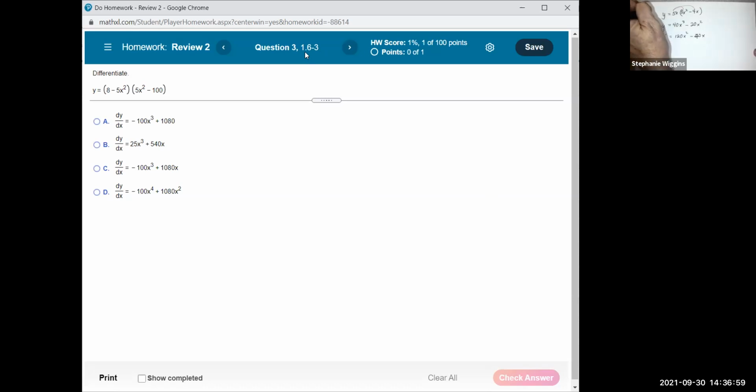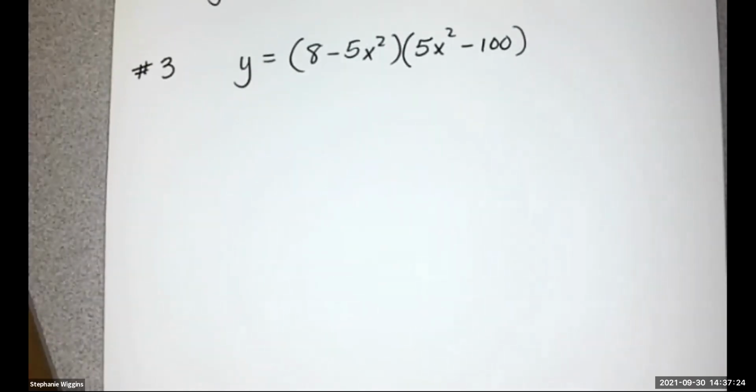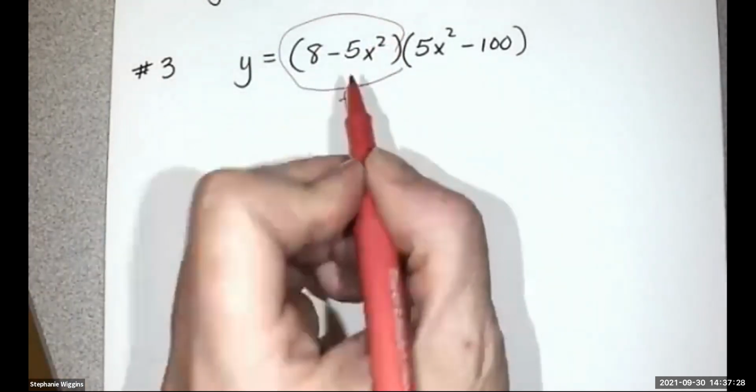So this will be number 3, and we have y equals 8 minus 5x squared times 5x squared minus 100. And as a reminder, the product rule is when you have two functions multiplied.